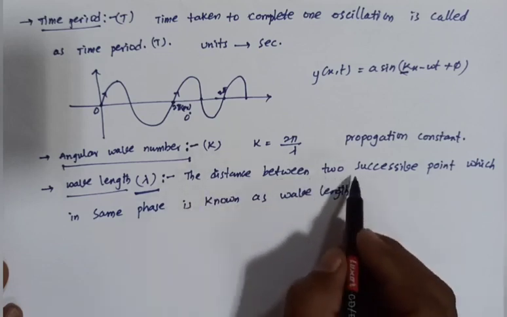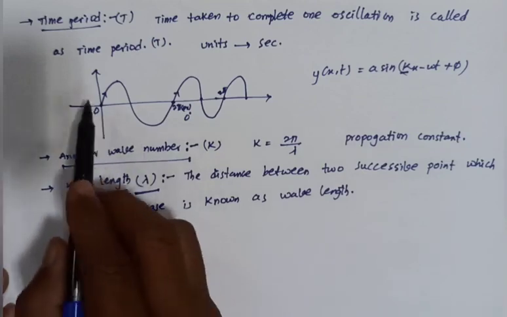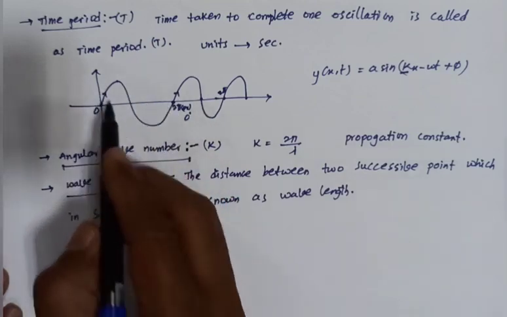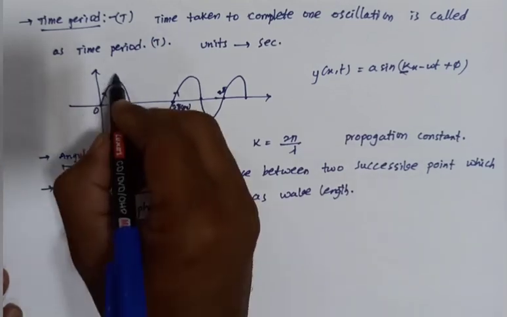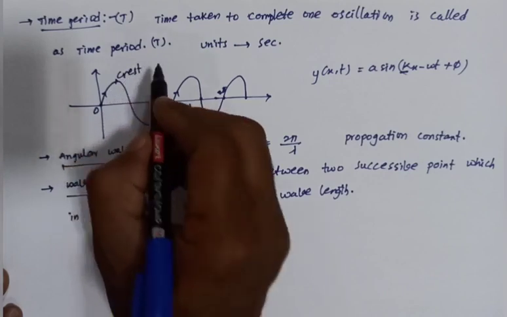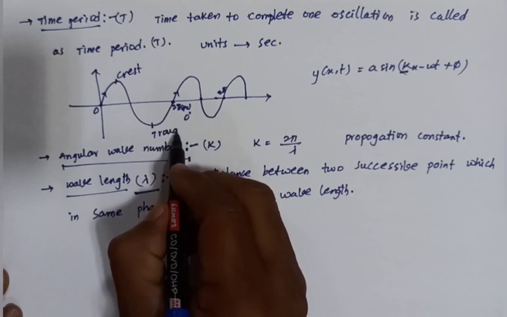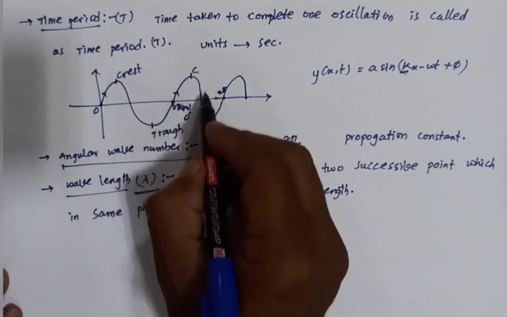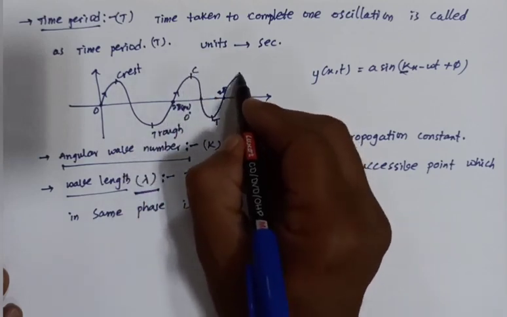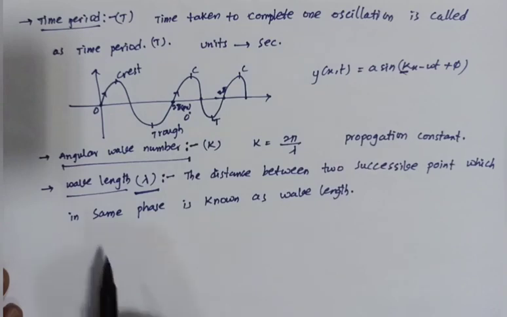Okay, the distance between two successive points in this transverse wave. So this is a crest, this is a trough, this is a crest.